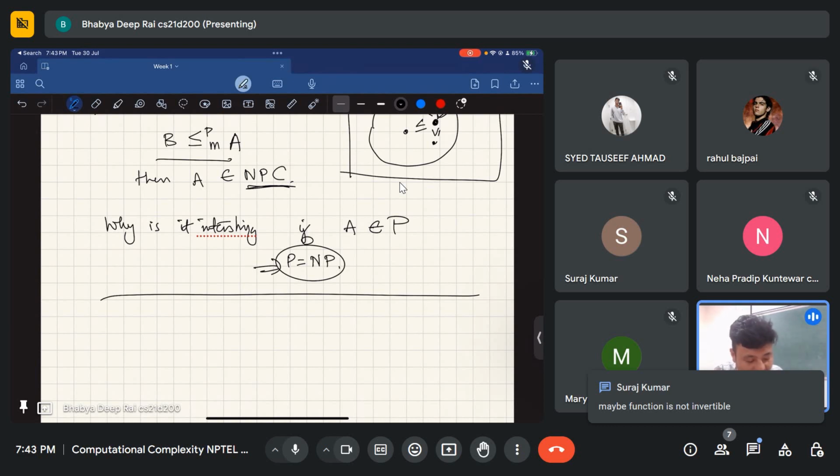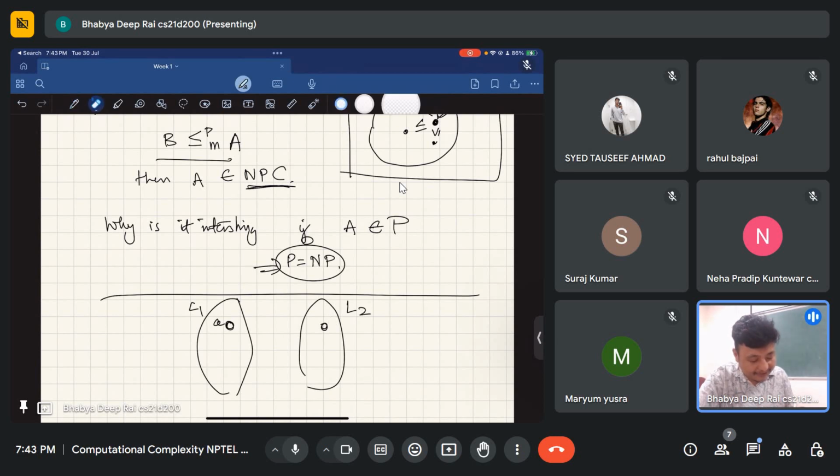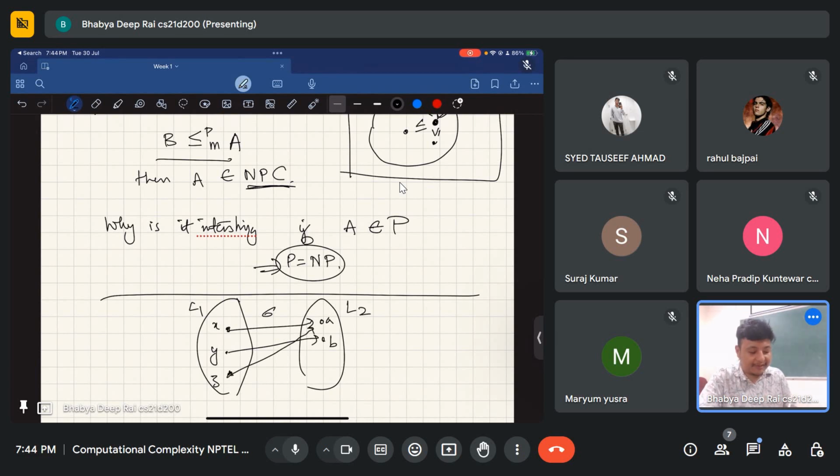Because let's say I have an A in language L1, and I have L2 in B. These are strings X, Y, Z, and there are strings A, B. Suppose I have a reduction sigma which takes X to A and takes Y to B, and let's say Z is taken to A again.